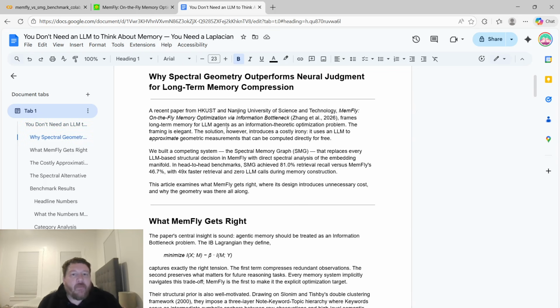A recent research paper from Hong Kong University and Nanjing University of Science and Technology, MemFly: On-the-Fly Memory Optimization via Information Bottlenecks, frames long-term memory for LLM agents as an information theoretic optimization problem. The framing is elegant. The solution, however, introduces a costly irony. It uses an LLM to approximate geometric measurements that can be computed directly for free.